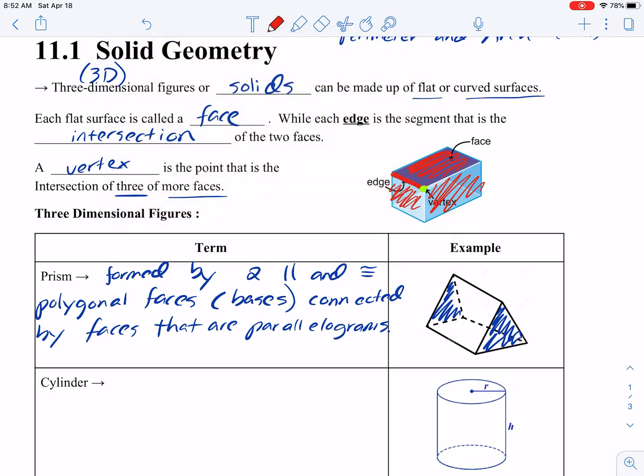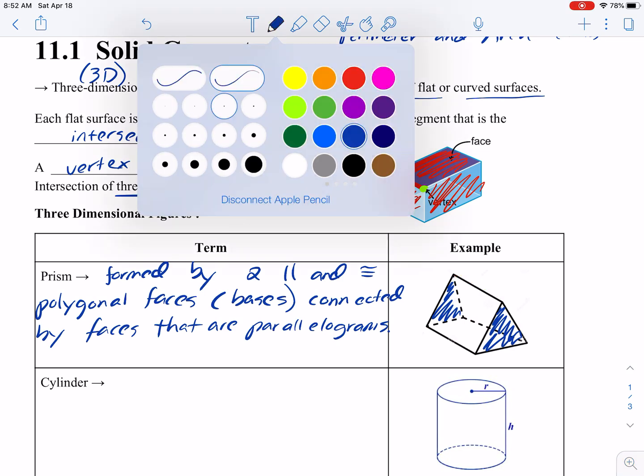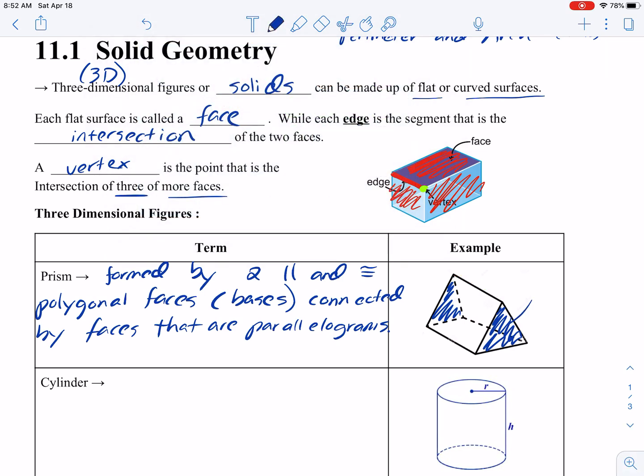These red faces, these rectangular faces, these could not be our two bases because they're intersecting at all three of these edges. As you can see for the two blue triangular faces, they aren't intersecting at all. They're both congruent. These would be our bases. And because the bases are a triangle, we would call this a triangular prism.